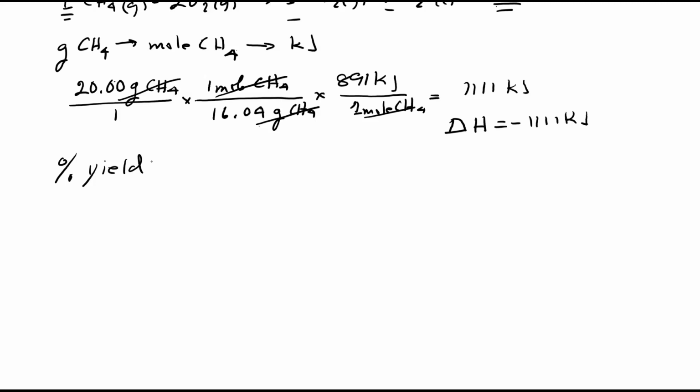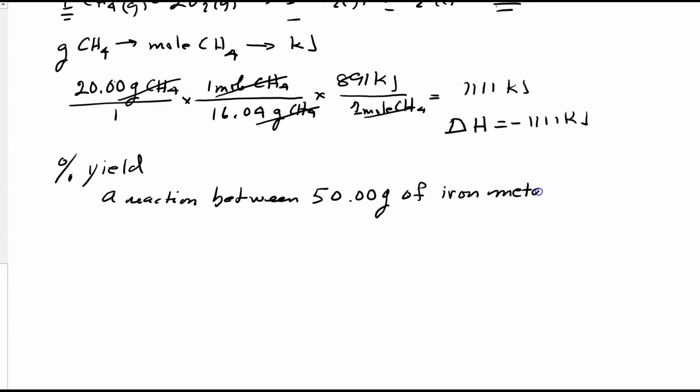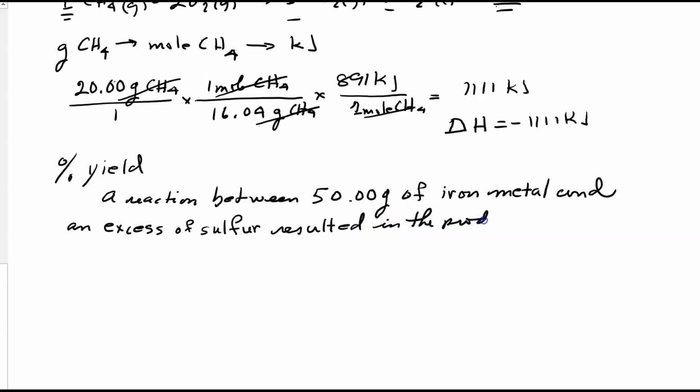So let's take as an example a reaction between 50 grams of iron metal and an excess, in other words, more than enough, of sulfur, resulting in the production of 41.26 grams of iron 3 sulfide.